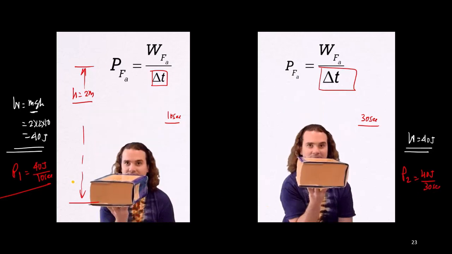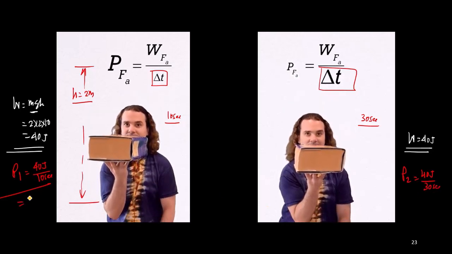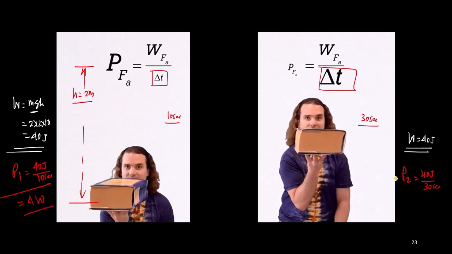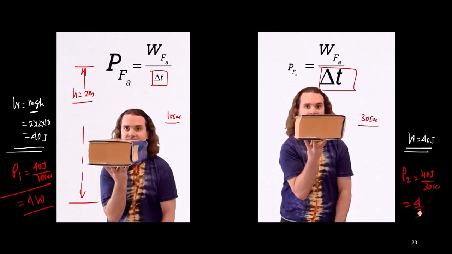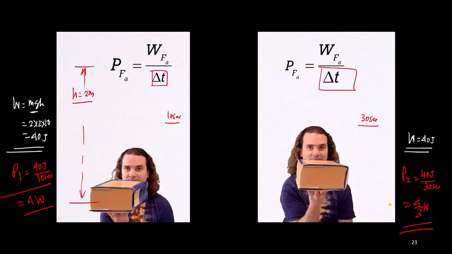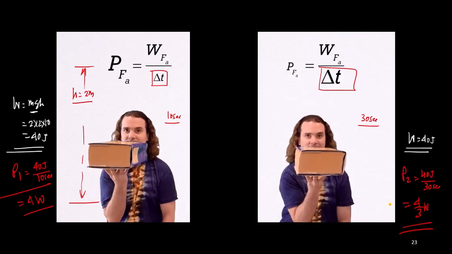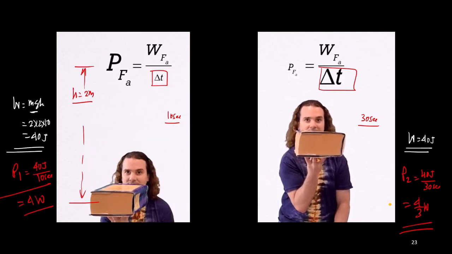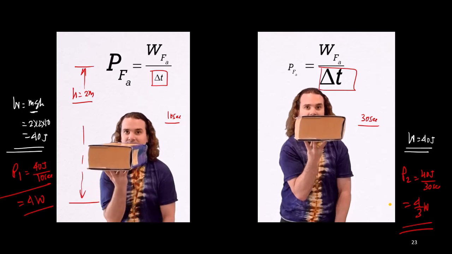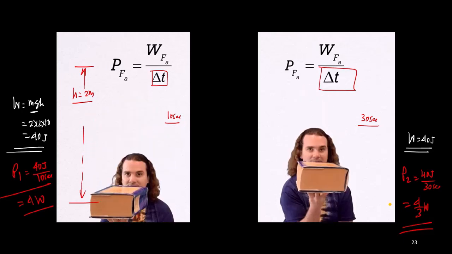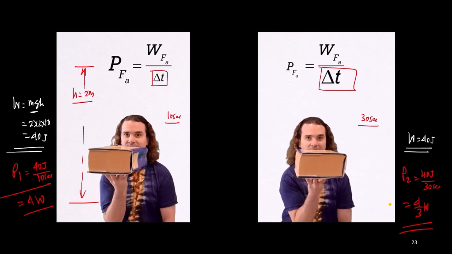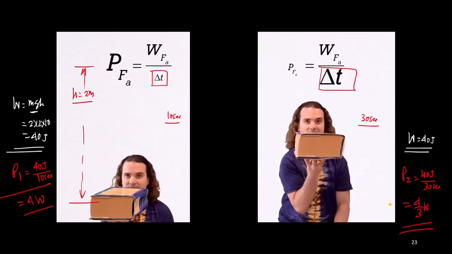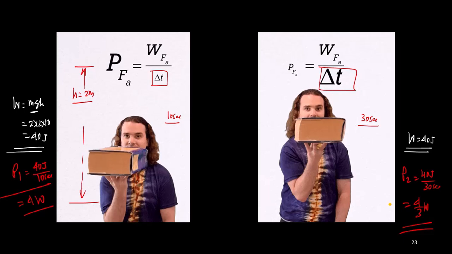That is the difference between the power. In the first situation, I am getting 4 watt of power. In the second situation, I am getting 4 by 3 watt of power. The power depends not only on how much work you are doing, but also on the time. Time is important. Both persons are doing the same work, but the time required is different. That is why the power is different.